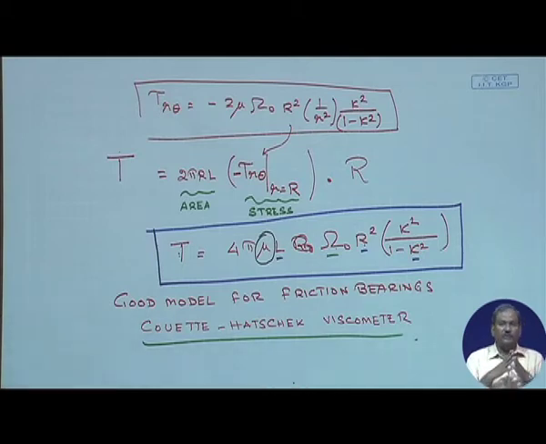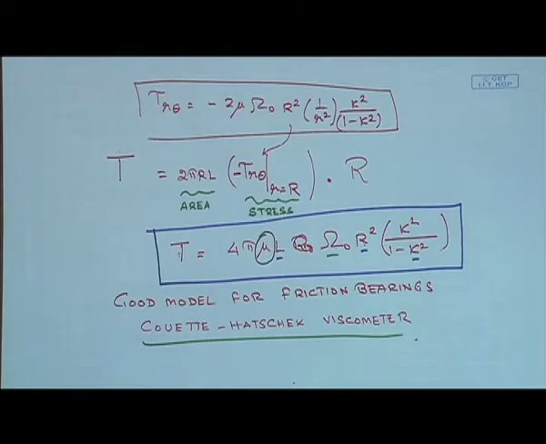There is only one more thing to add before we close the discussion on rotating viscometers. Here the inner cylinder is kept stationary and the outer one is being rotated. What happens if we do it the reverse way, that is, the outer is kept stationary and the inner is being rotated?